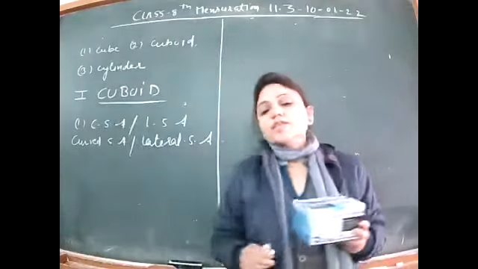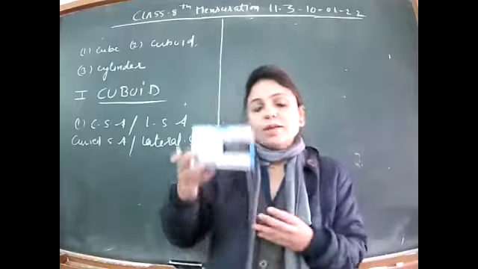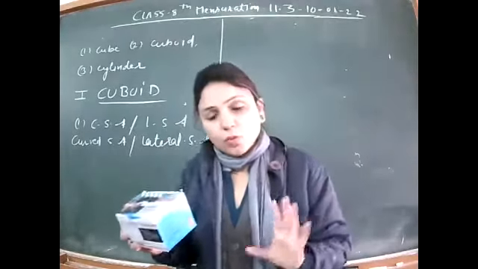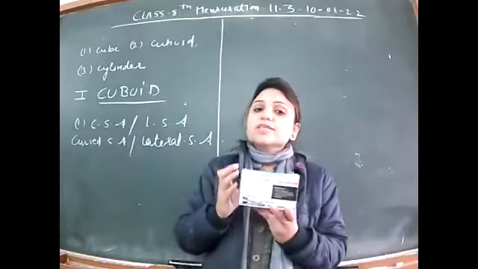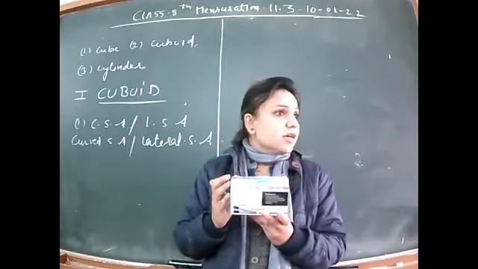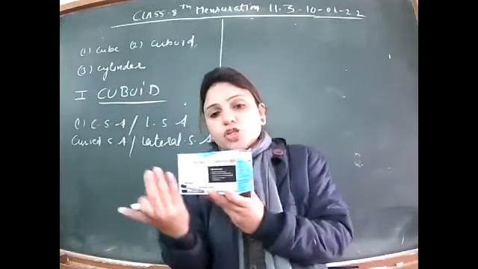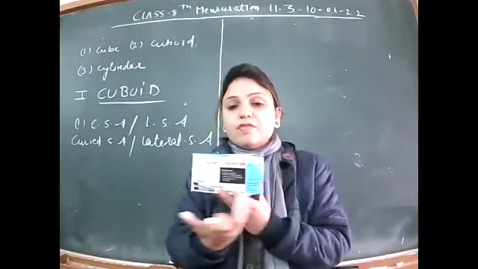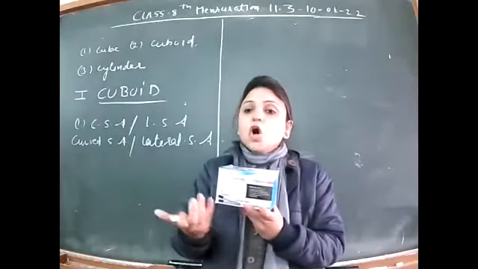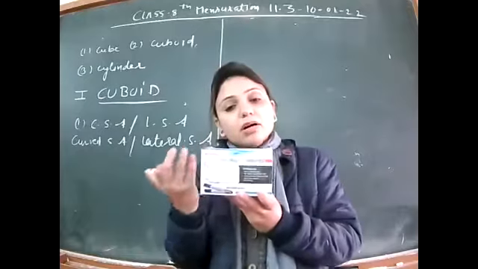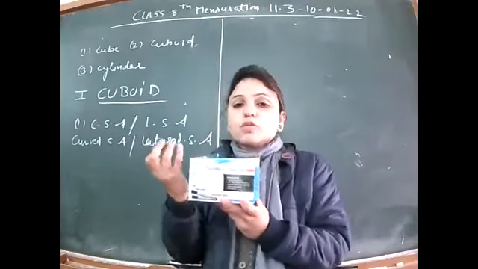Right? So what is curved surface area? You see, when I am talking about this cuboid, it is having 6 faces, I have told you. Now, as far as the curved surface area is concerned, curved surface is made by the curved portion of the figure. When I am talking about curved surface area or the lateral surface area, that is formed by the curved portion of the figure.